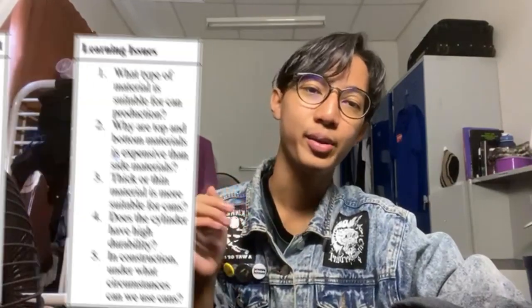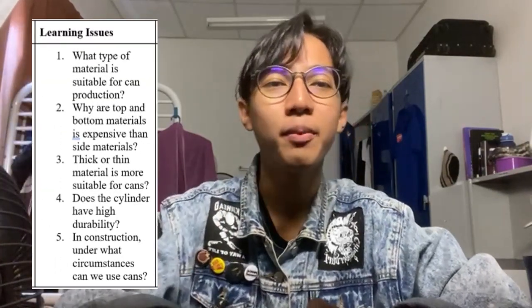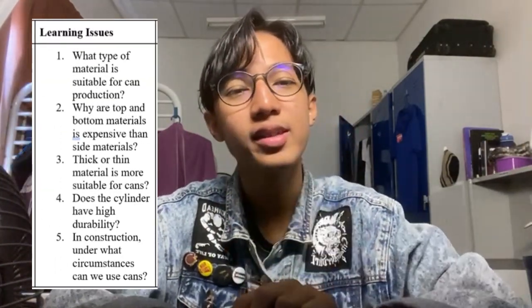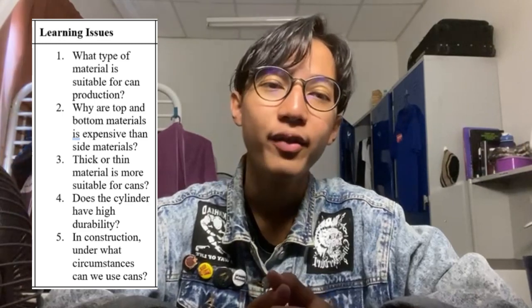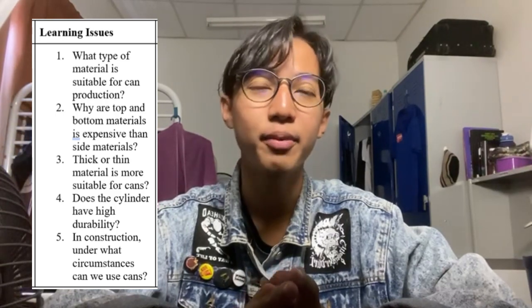Okay, after I explain the ideas, now we will move to the learning issues. At the learning issues, I put 5 questions for the topic that we have been assigned. The first one is what material is suitable for can production.